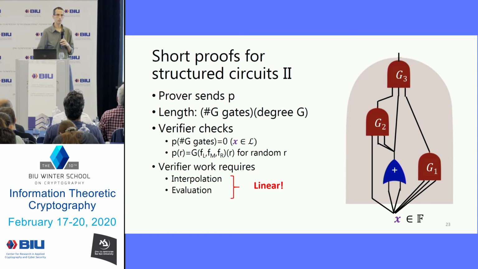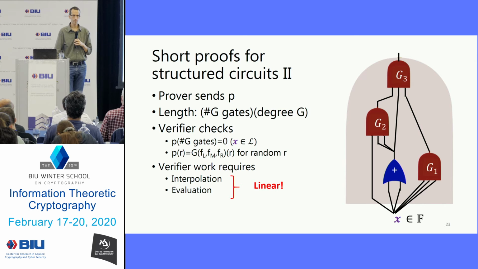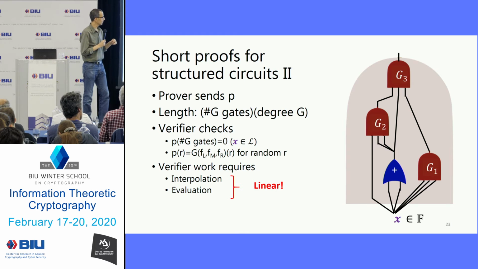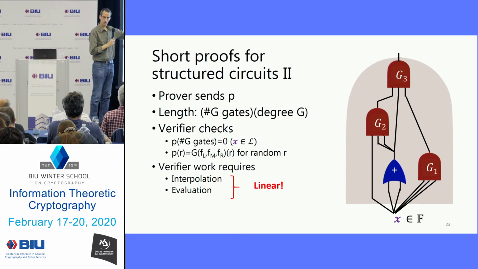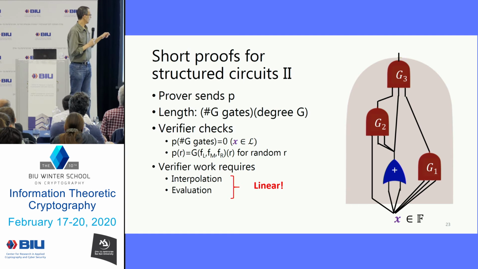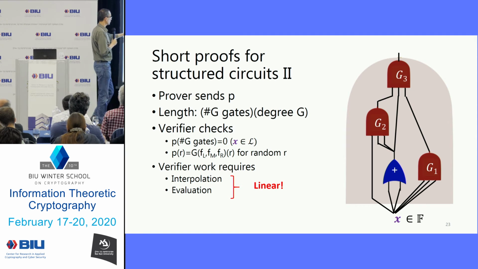Yeah. Doesn't the verifier also have to check that the inputs to a gate are the outputs of the corresponding gates that should go into the inputs of that gate? That the inputs of G3 are the outputs of G1 and G2? You're talking about this circuit. Yeah, this case. But in general, this check is going to test all of that at once.